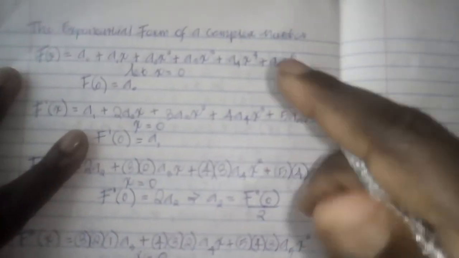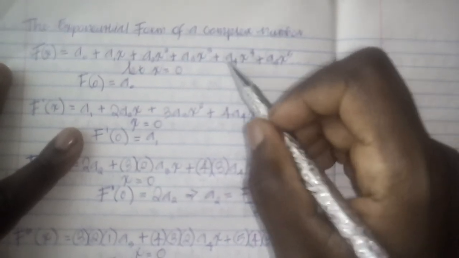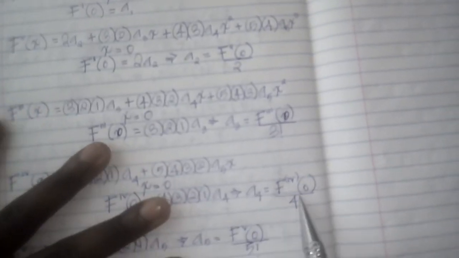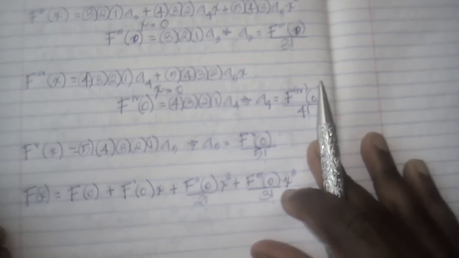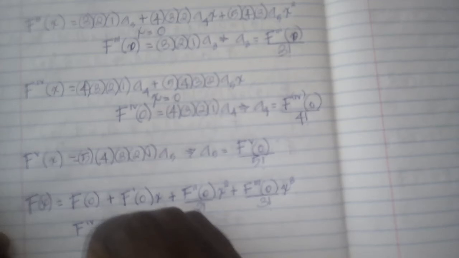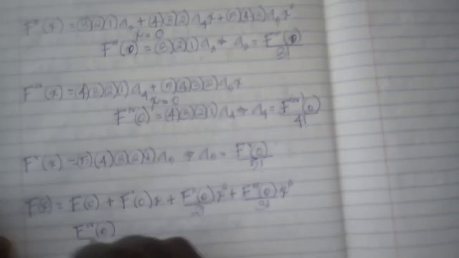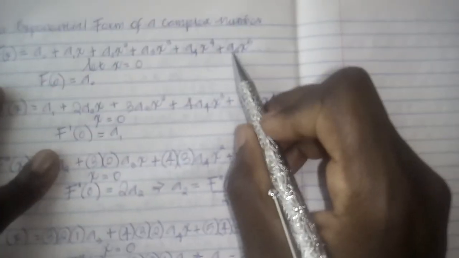Let's carry on. a4 x power 4. A4 we have already found, so we'll write that instead of a4: f of 0 over 4 factorial x power 4. Now a5 x power 5.